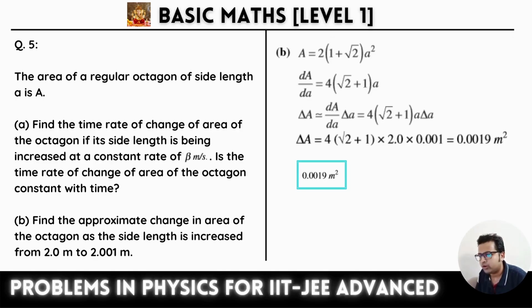So definitely we have to calculate delta A. Delta A we can write as dA upon da into delta a, as you can see here. dA upon da we have already calculated, and delta a is the change in the side, that is 2.001 minus 2.0. So you just multiply and you get the answer. The answer is 0.0019 meter square.